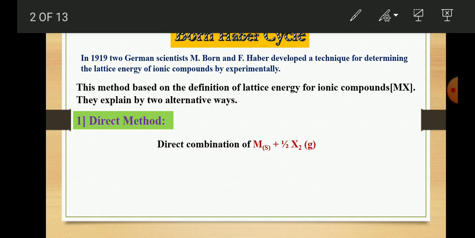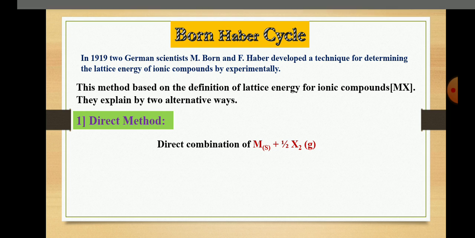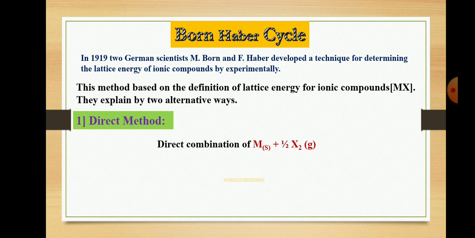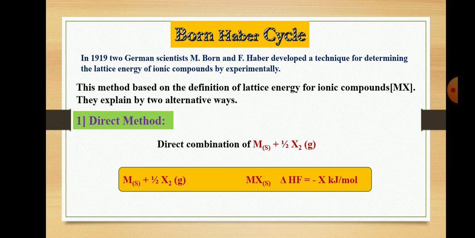So what we just say here, students, is that when a metal in a solid state combines with X2, that is halogen gas, they combine together to form the MX ionic compound, very important, which is solid in nature, and we get a delta HF. What is this delta HF?